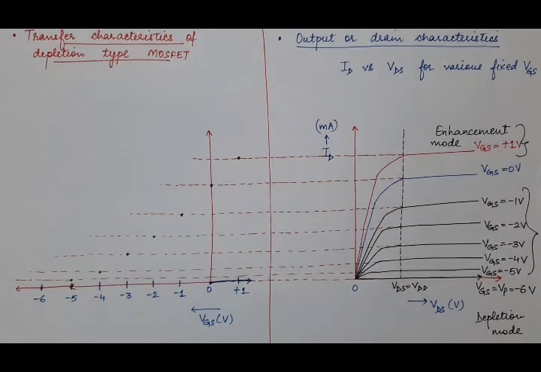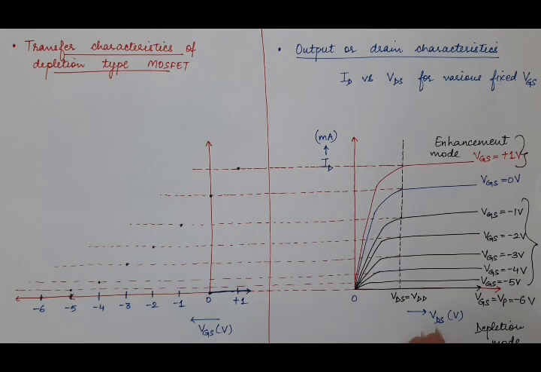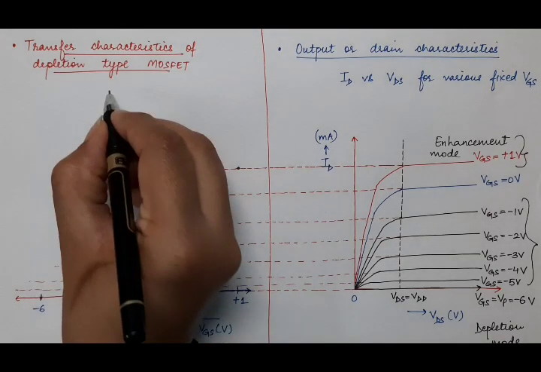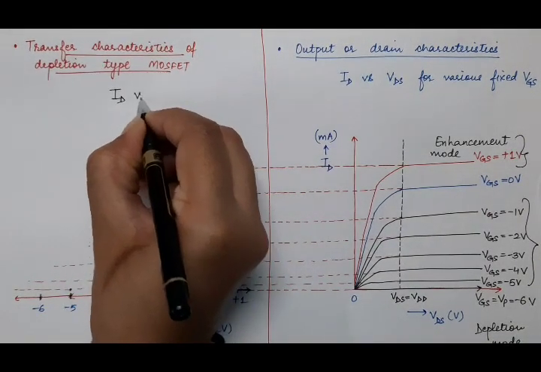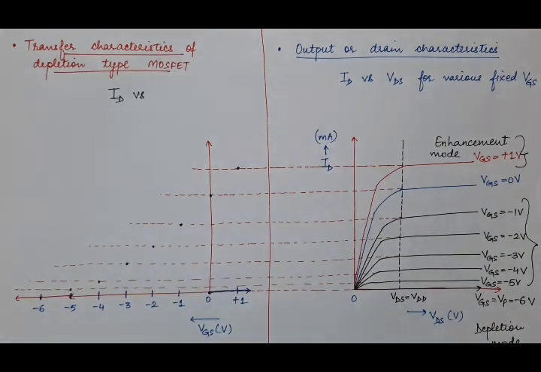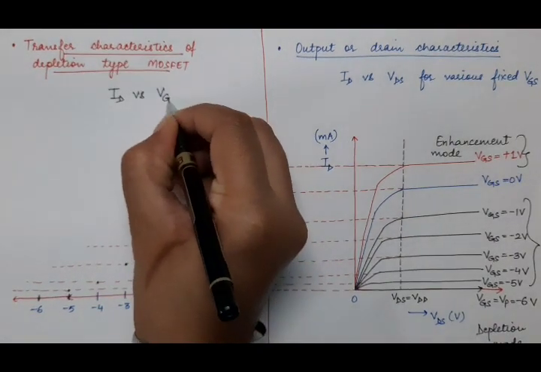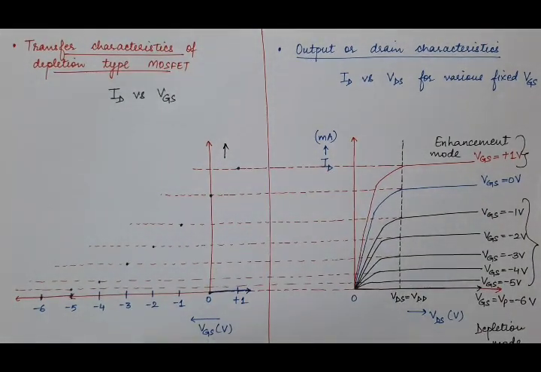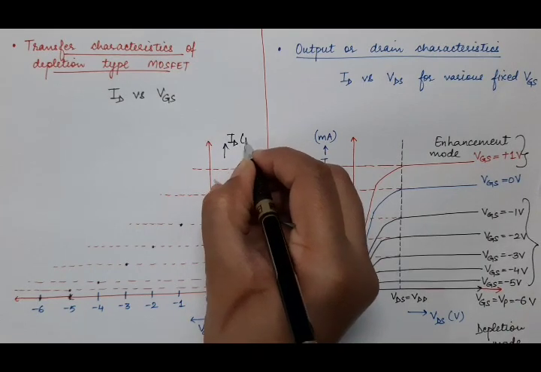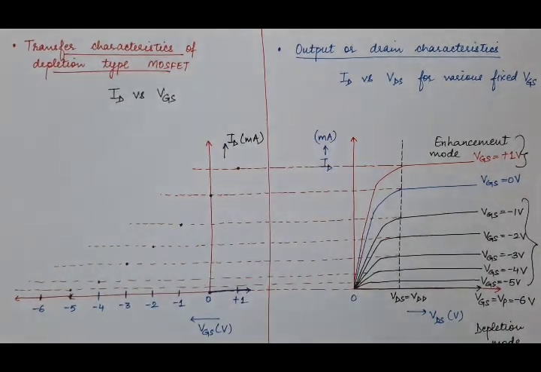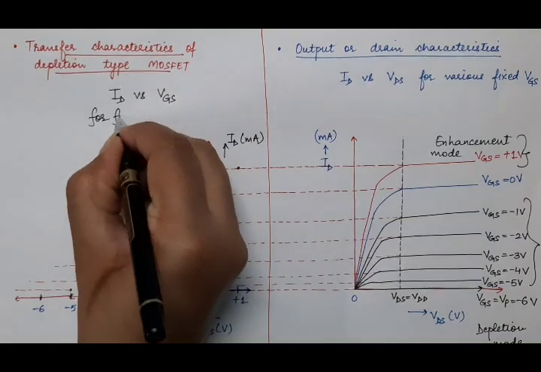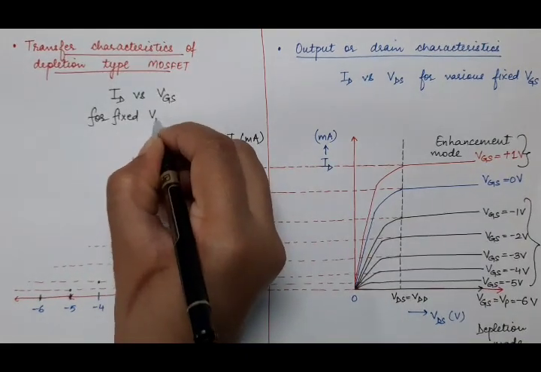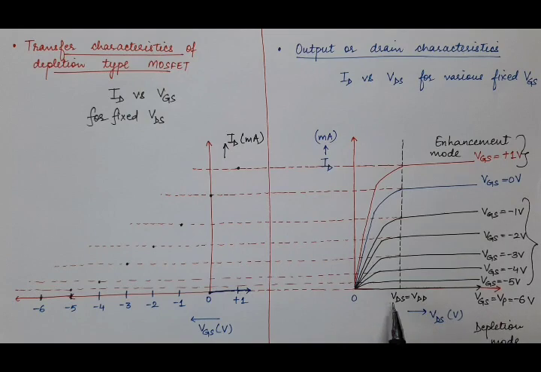Now we will draw transfer characteristics by using these output characteristic curves. We know that transfer characteristic curves are the curves between output current with respect to the variation in input voltage, which is VGS, plotted along the x-axis, and ID, plotted along the y-axis, for a fixed value of VDS, and that fixed value of VDS is VDD.